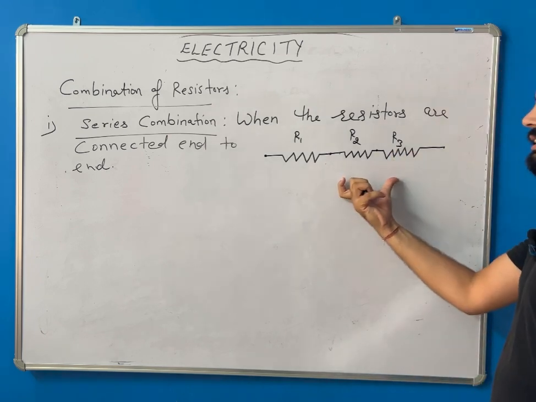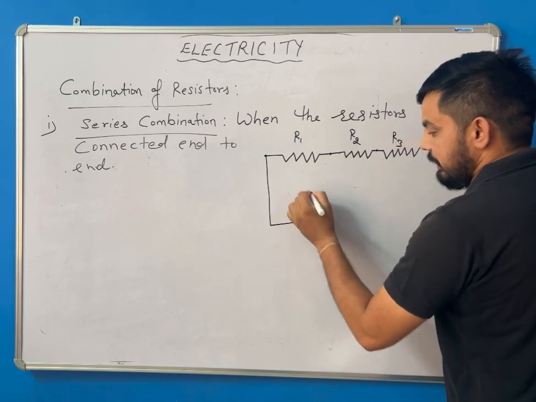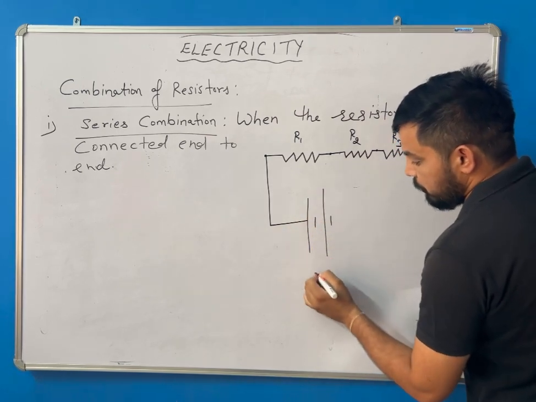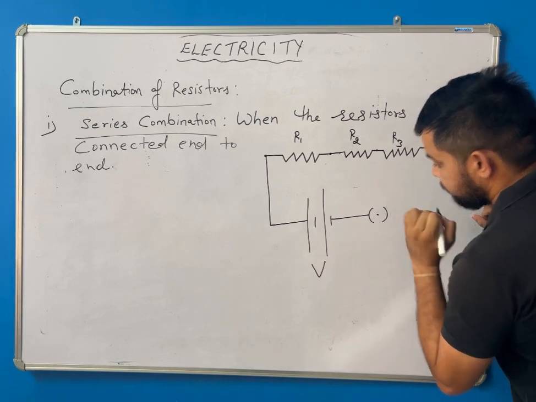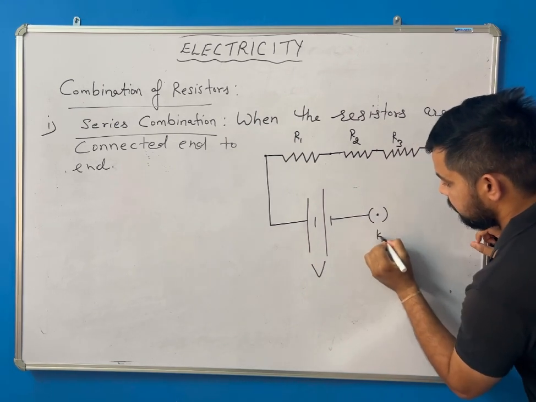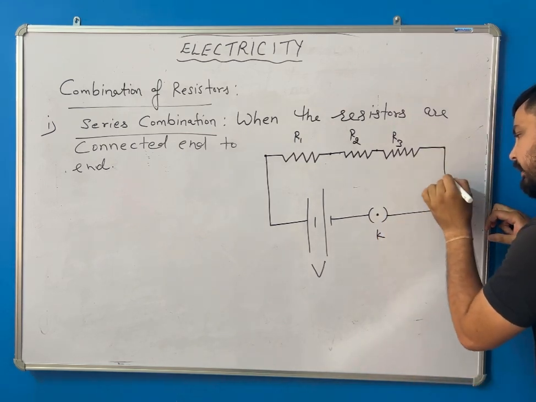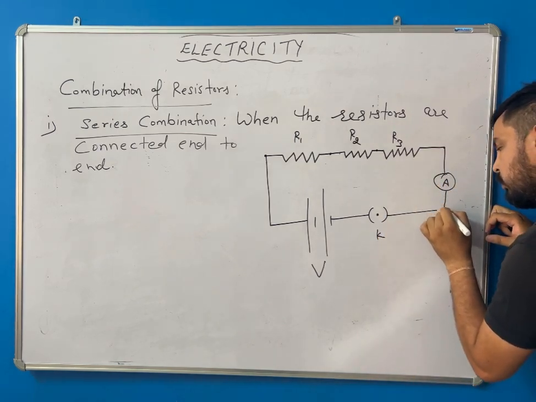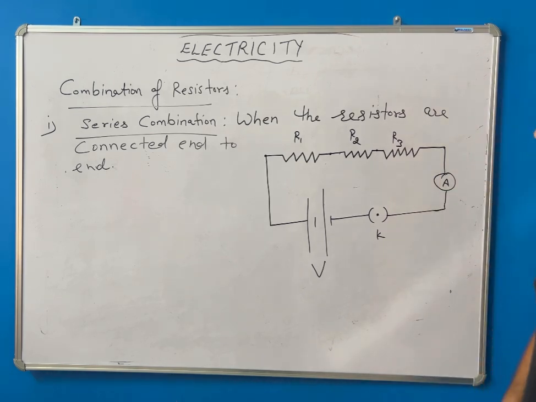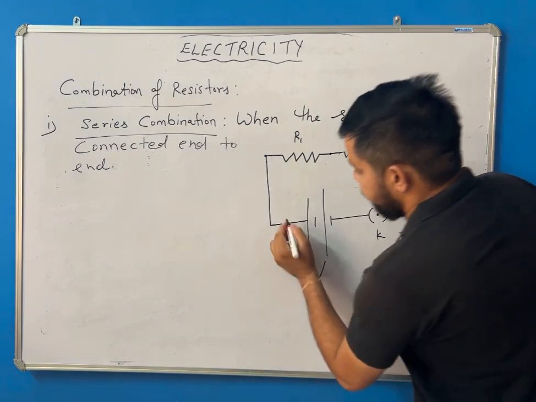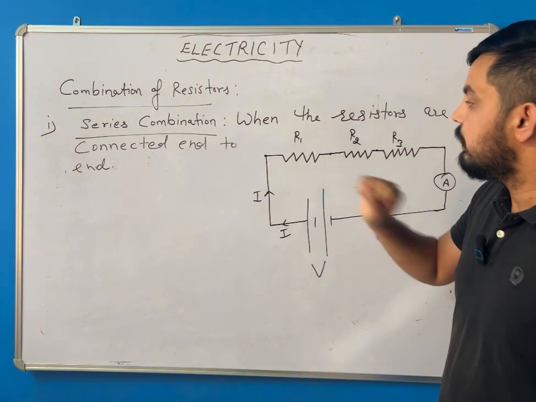Now connect these three resistors with a battery whose potential difference is equal to V, insert a switch which is represented by K, and connect an ammeter which measures the electric current. So from the battery there is electric current I.